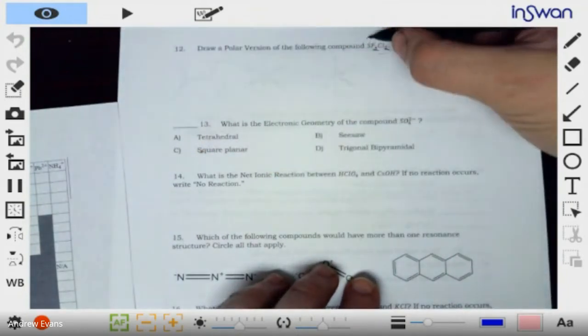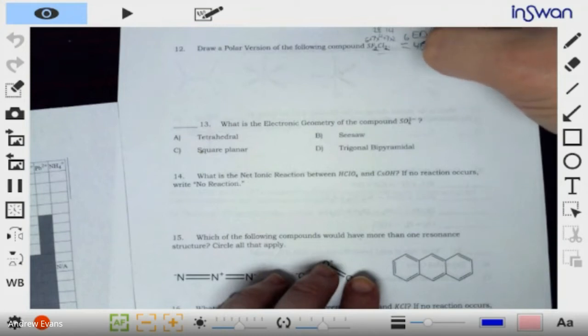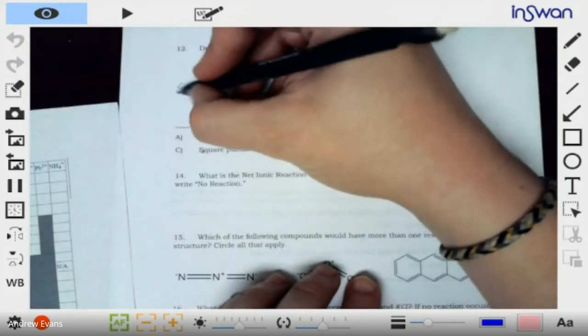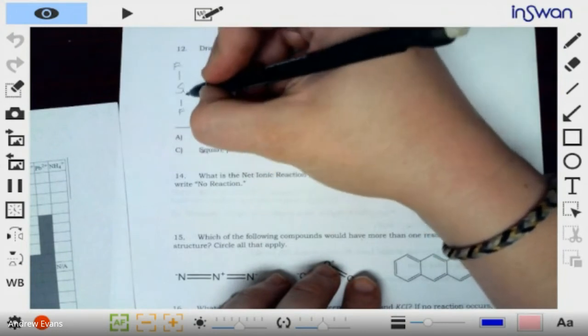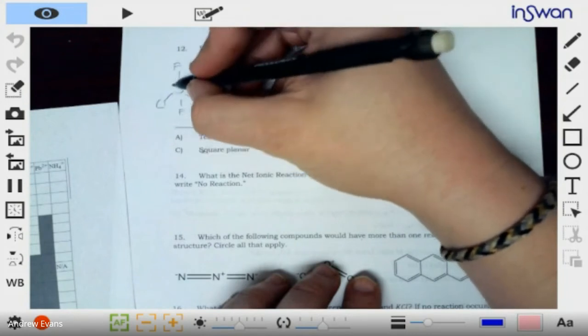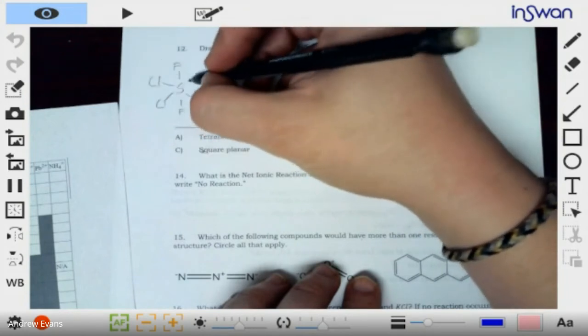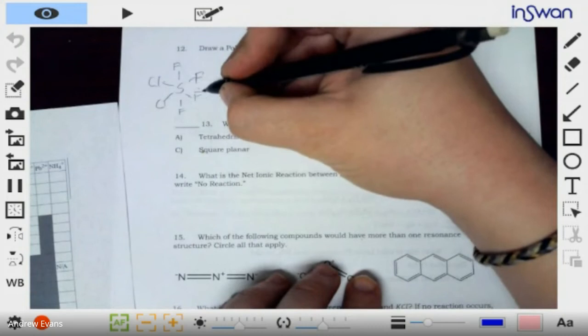S is 6. 7 times 4 is 28, plus 7 times 2 is 14. We have 48 electrons to place. So let's just draw a crappy Lewis structure. S, F, F, F, F, Cl, Cl. That uses 2, 4, 6, 8, 10, 12. We're down to 36. We're going to put lone pairs on all the atoms.